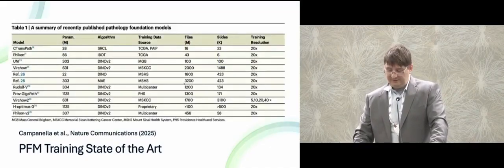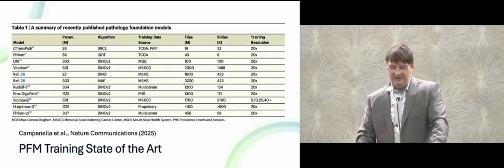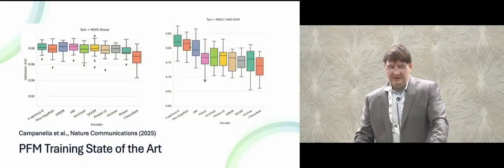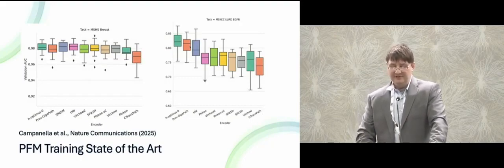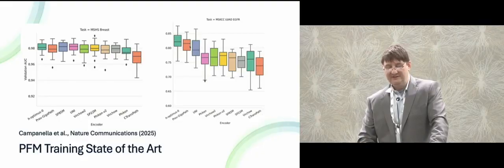But you can see, despite there being lots of differences in the size of the models, the training sets, and the amount of data that's used, the performance on clinical slide level tasks has really plateaued. They all have a similar performance. There's no outlier. This is a task of detecting breast cancer. This is a task of predicting EGFR mutations.